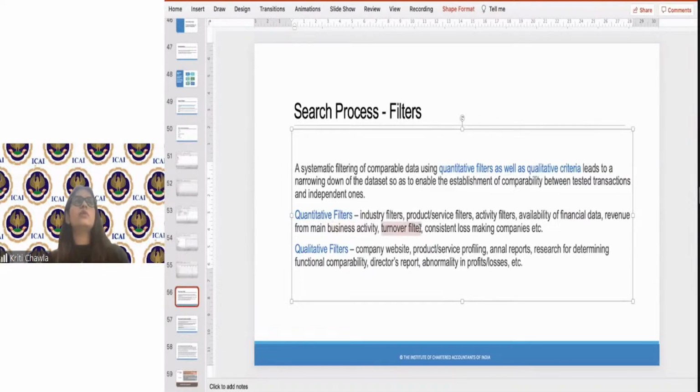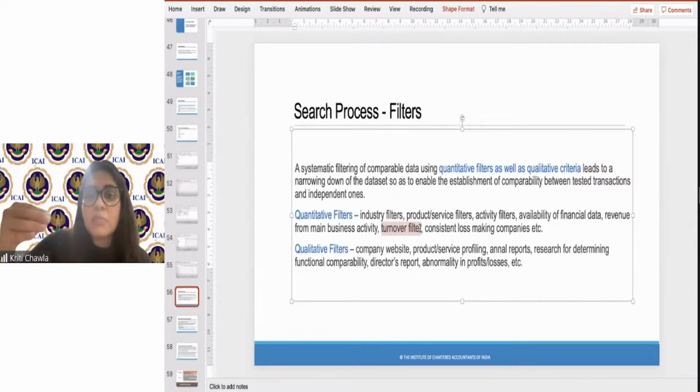What the turnover filter will do is, if I have my client which is earning a 500 crore turnover, I would want to compare it with other companies in the industry which are earning 500 crore turnover, or something similar. Generally 10% here and there is fine, but I would want to compare it with companies who are earning the same turnover, right?